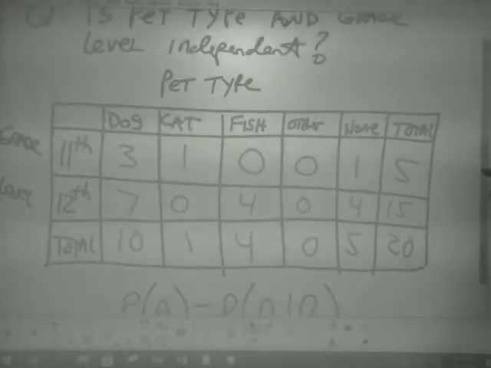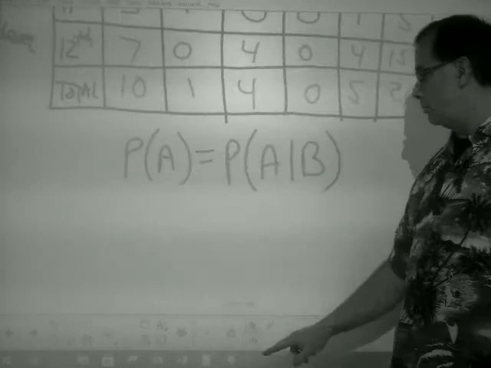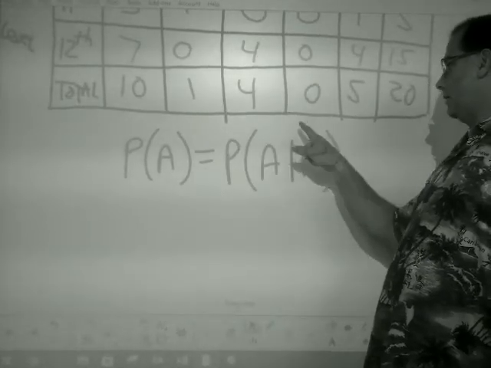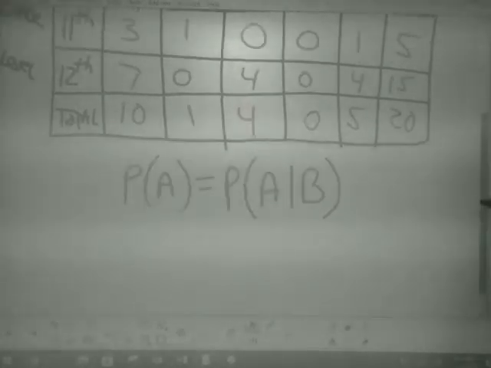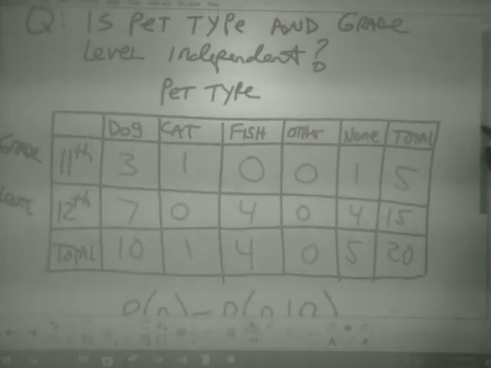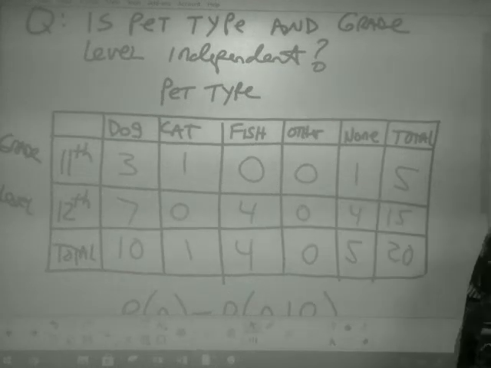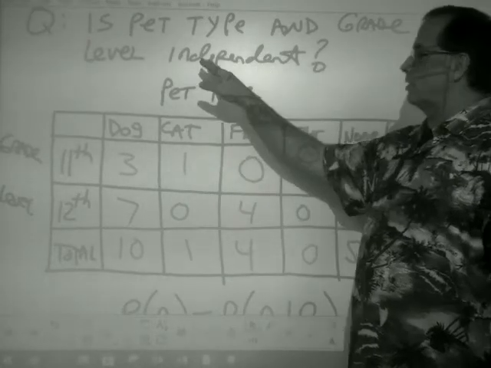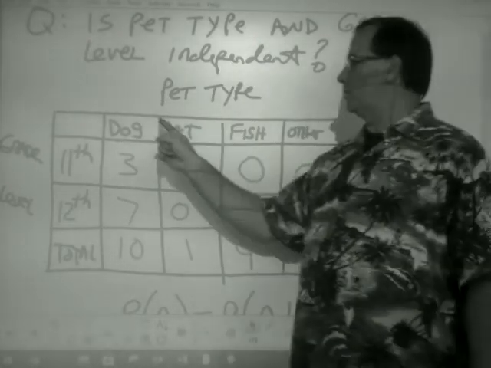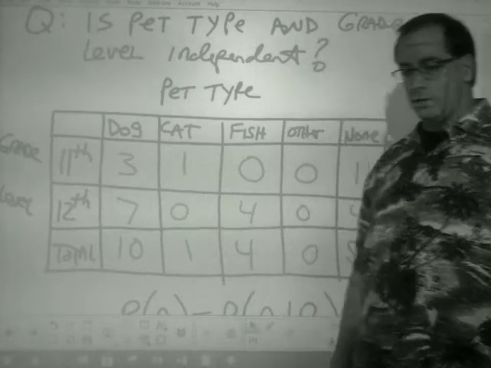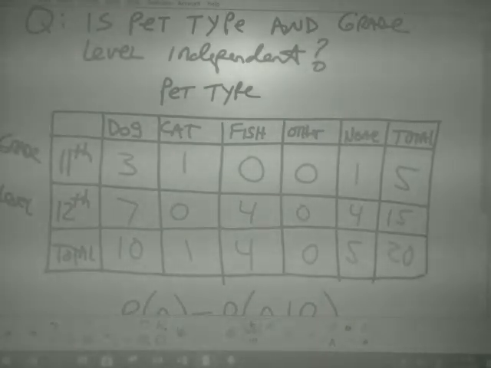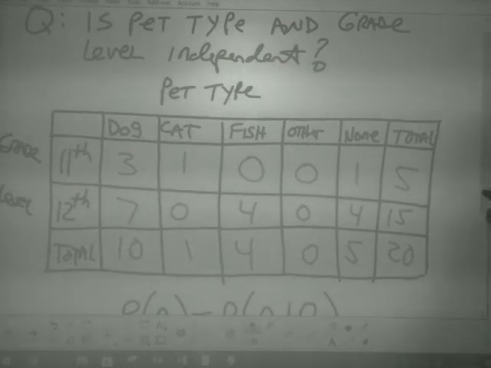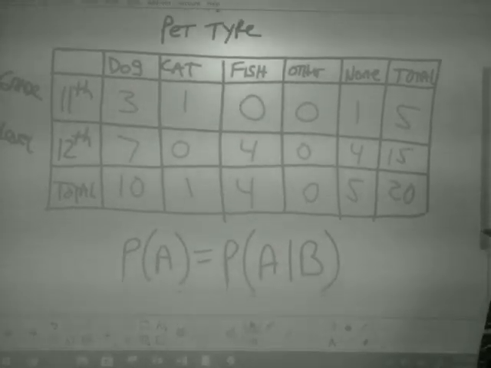So I come back to my formula, which is P of A equals P of A given B. Now, I did not specify what pet type and what grade level, so I get to pick any one I want. If this had said, is owning a dog and being in 11th grade independent, then I can't pick. I'm restricted to the dog and the 11th graders, okay? But this one, I can pick any pet type and any grade level. So let's do dog and 12th grade.